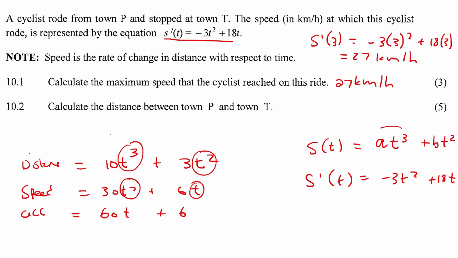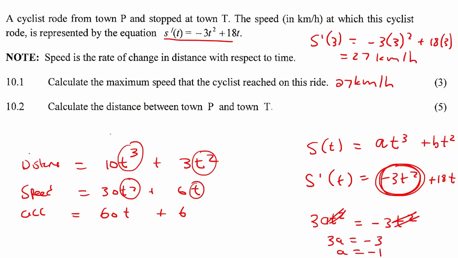If you take the first derivative here, that gives you 3a t squared, and we know this part is the same as this part, so we can make that equal to minus 3t squared. We can cancel the t squares out and solve, and a would have to be minus 1. So this should originally have been a minus 1, so that when you take the first derivative, it gives you exactly that.